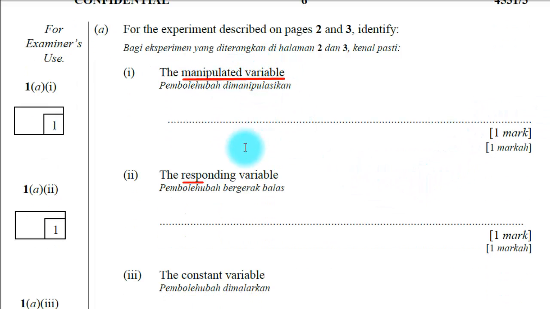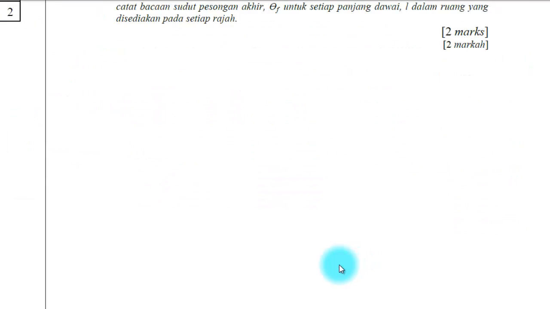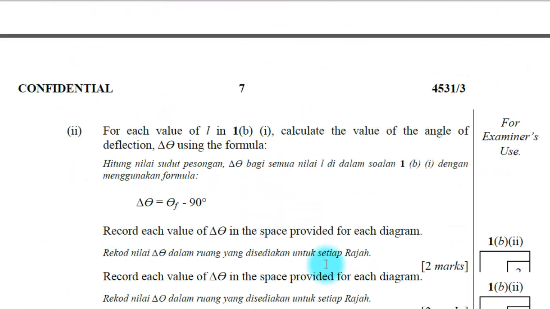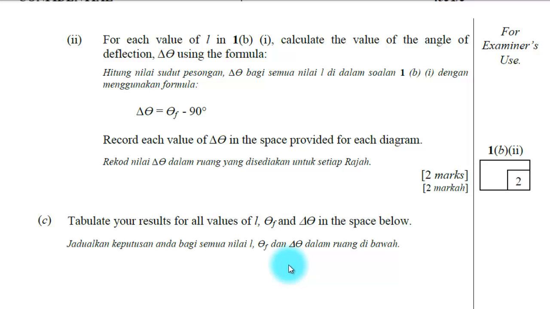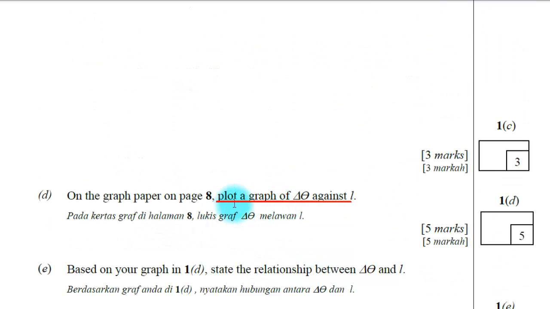So manipulated, responding and fixed variable, then record readings in the column provided, then tabulate data in table form, plot graph, and last one they will ask you about the relationship between the two variables that you plotted in the graph. Okay, so the first part, manipulated, responding and fixed variable.